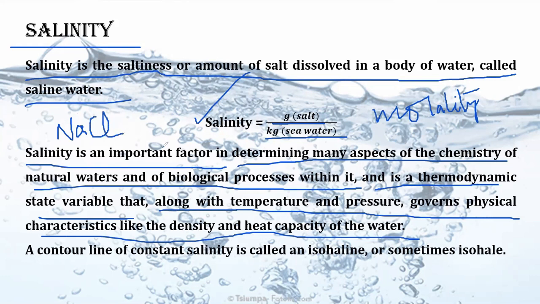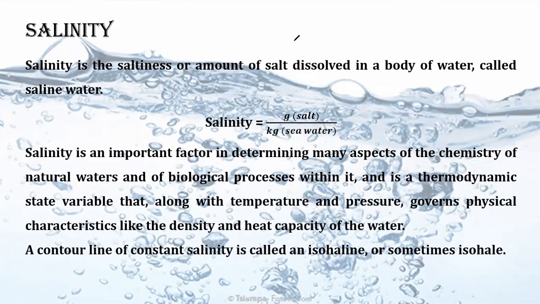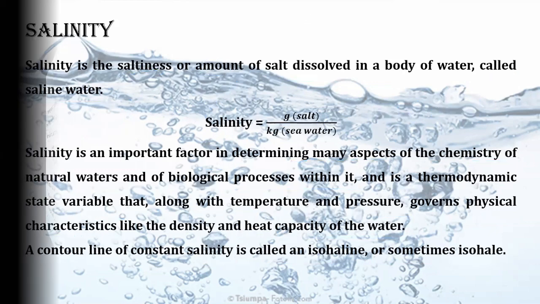So definitely it will change the temperature, it will change the pressure, and it will also govern the density and heat capacity of water, right? So it is very, very important to consider what the salinity of water is. A line of constant salinity is called an isoline or sometimes isohaline, right? Okay, so this is very much important for us to determine the salinity of water.